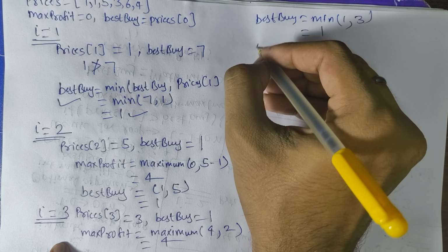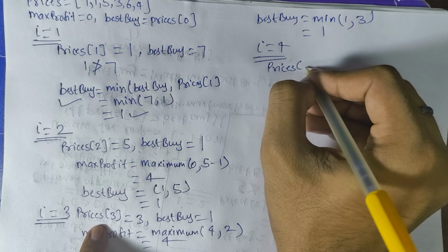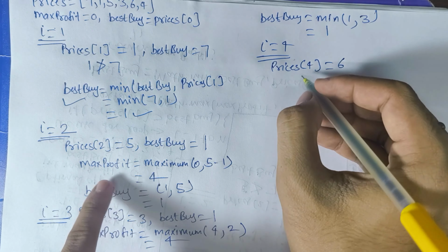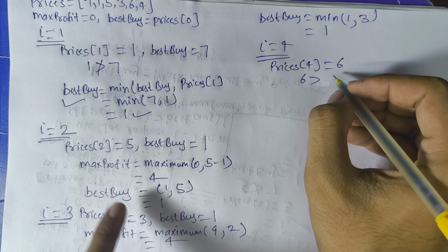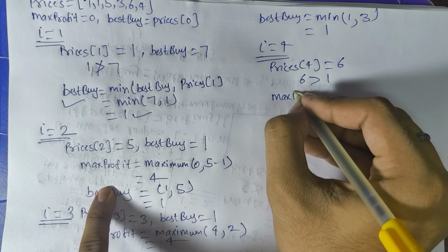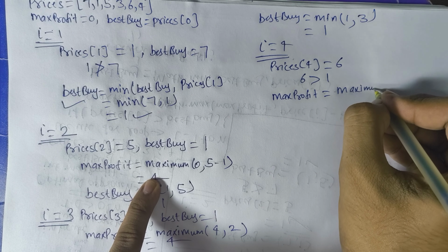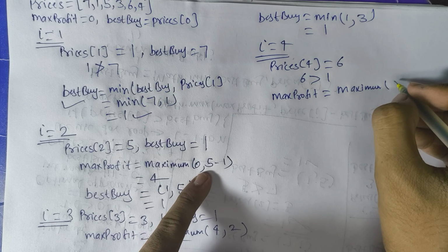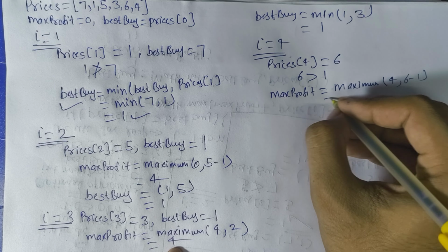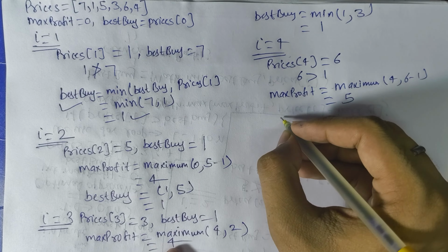Now we will take i equal to 4, then price[4] is equal to 6 and 6 is greater than our best buy 1, so max profit is equal to the maximum of 4 and 6 minus 1, so max profit is equal to 5.